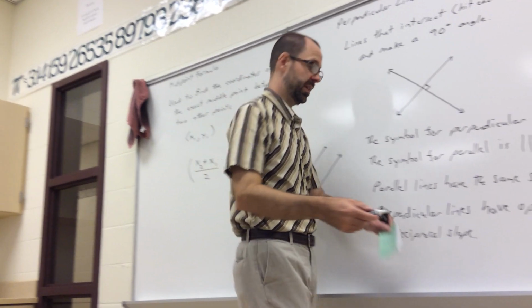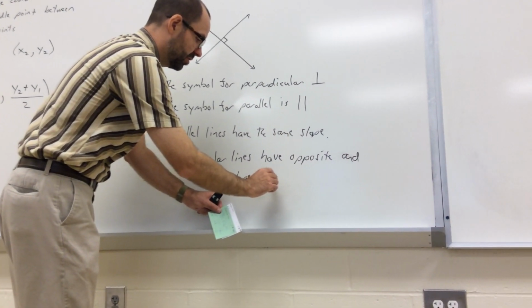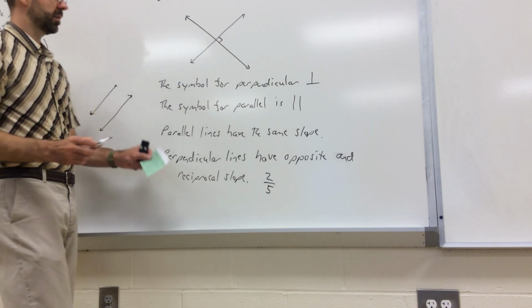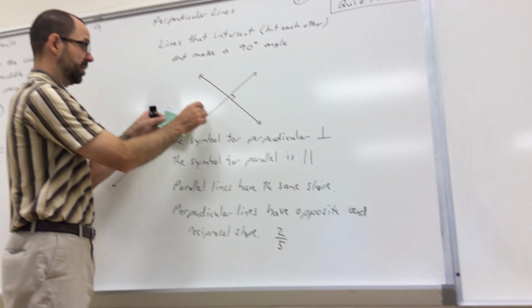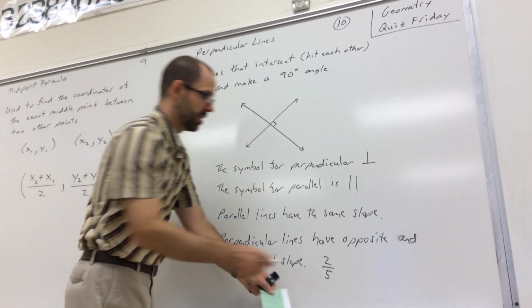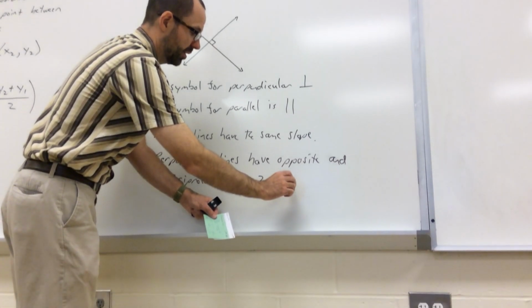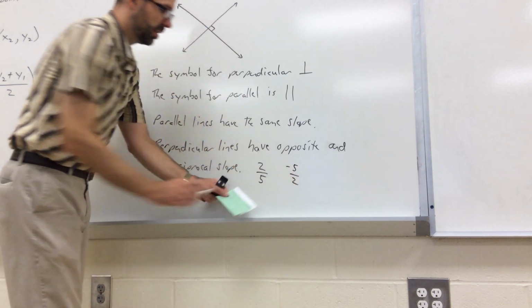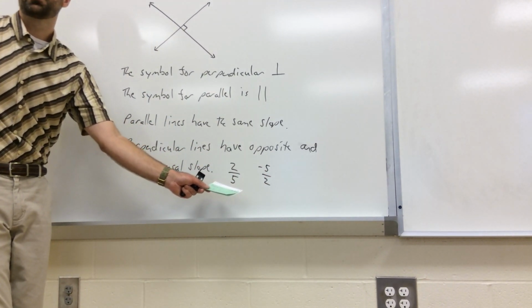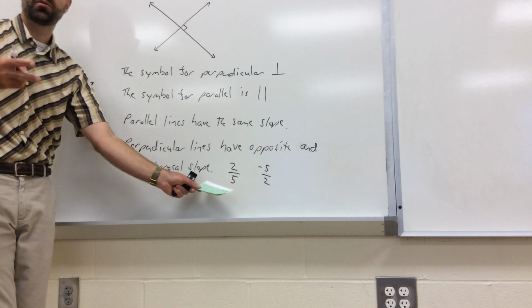So one example would be if one of the lines was 2/5 for slope, so maybe this one is going up 2 over 5, then this one would be negative 5/2. So it's negative because that makes it opposite, and it's reciprocal because it's 2/5 to 5/2.